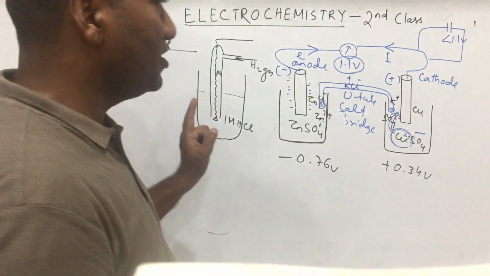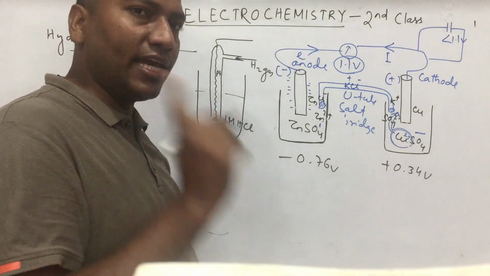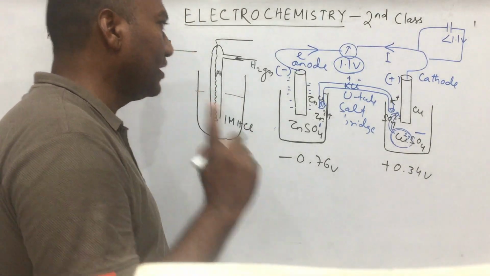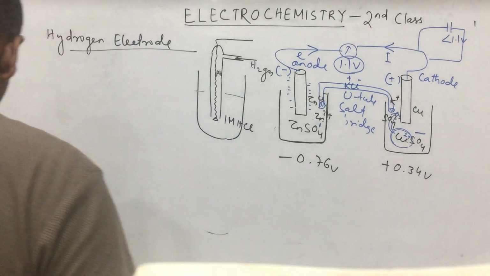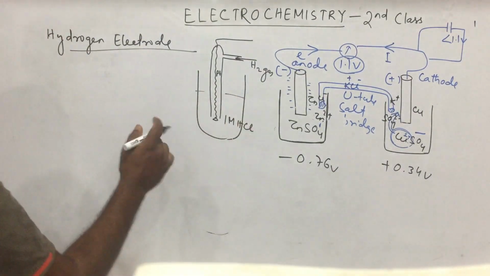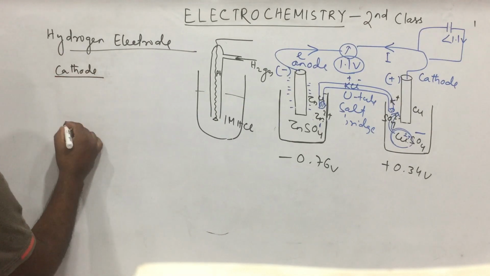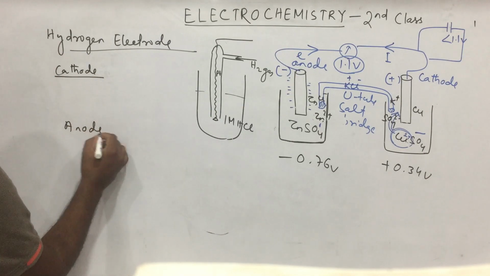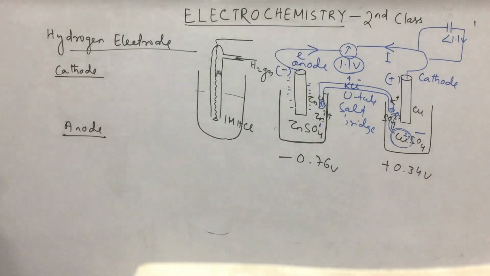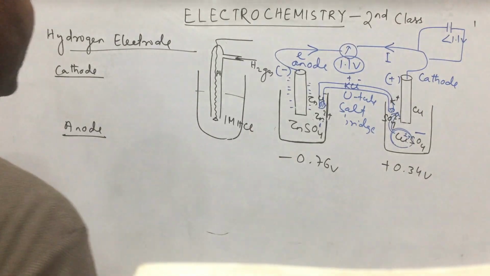This hydrogen electrode can be used as cathode, and it can also be used as anode. So when it is used as cathode, what will be its cell reaction?